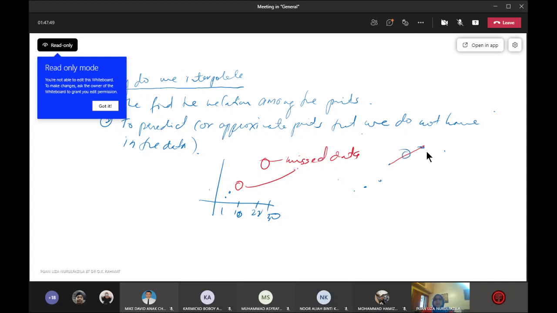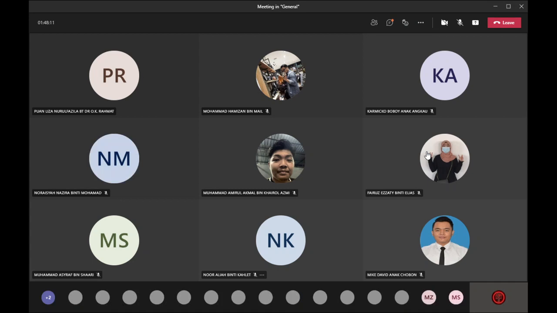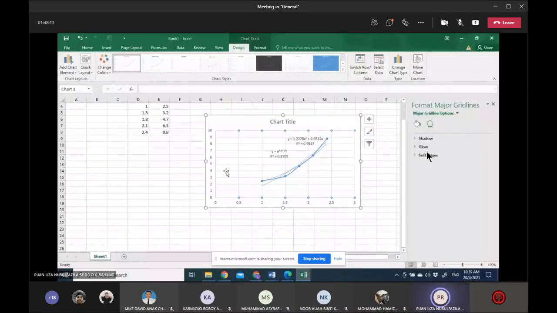Okay, people do that. So just now I showed you yang dalam Excel, they have the formula kan, like this. Okay, let's say like this. So let's say now I have y equals 12278x squared plus 0.552x.